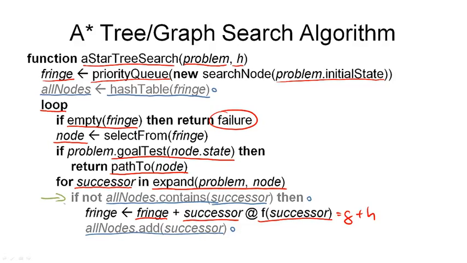So what we really want to do here is keep the node that has the shorter path, and it doesn't matter whether we discovered that first or later. So what we could do is simply add a piece of code here that tests whether our new path is shorter than the old path.